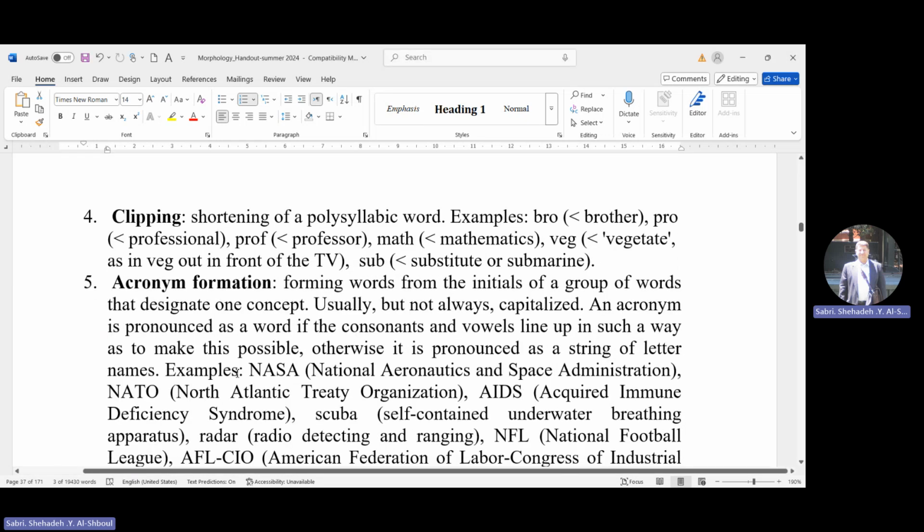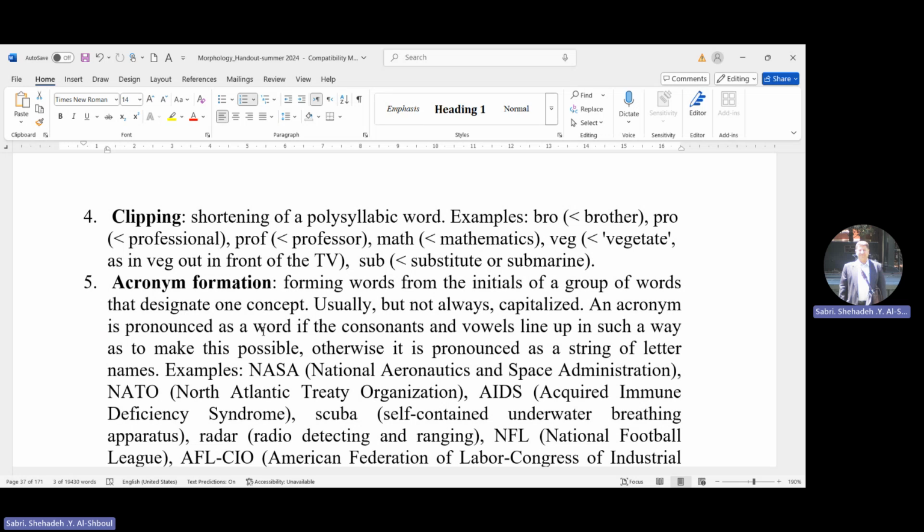Another example or level of presentation here is called clipping. When we talk about clipping, dear students, we talk about shortening of polysyllabic words. If we have a multisyllabic word, sometimes this multisyllabic word is shortened.